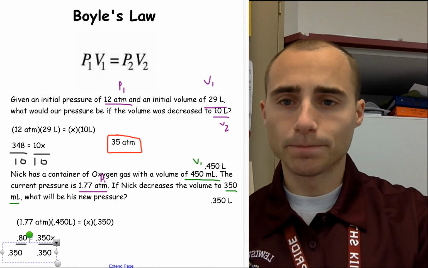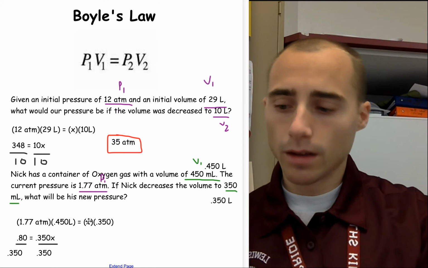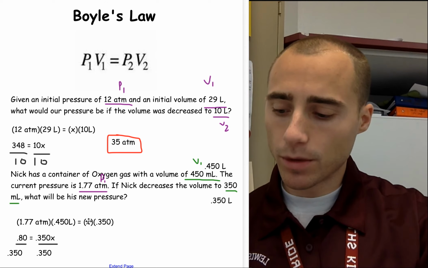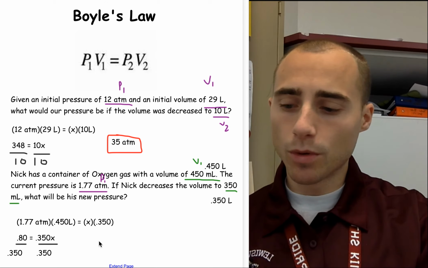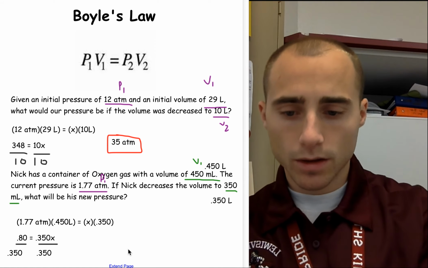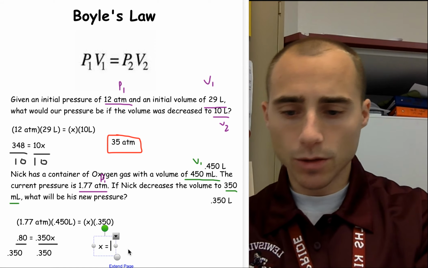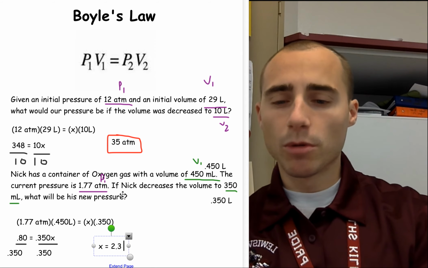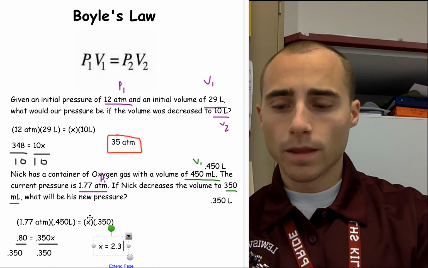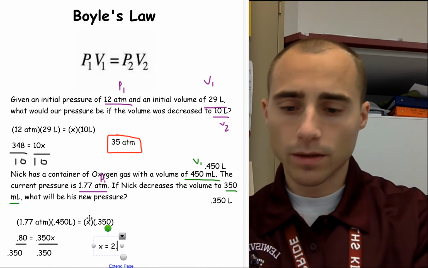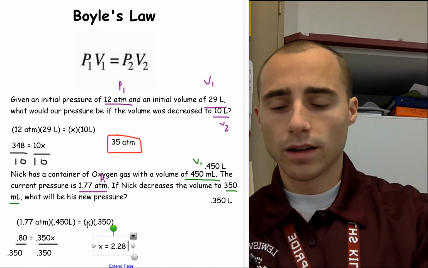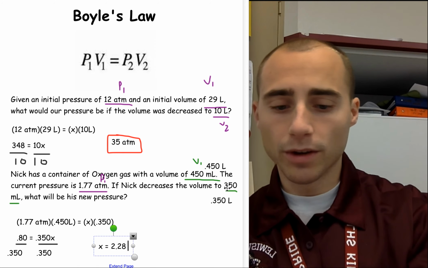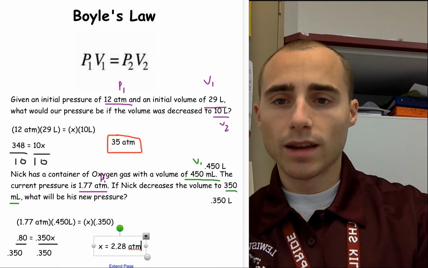So 0.8 divided by 0.350, my answer is going to be about 2.3. So x equals about 2.3. And what were we solving for? I'm going to round that to 3 sig figs, so 2.28. We were solving for the new pressure, so that's going to be in atmospheres.